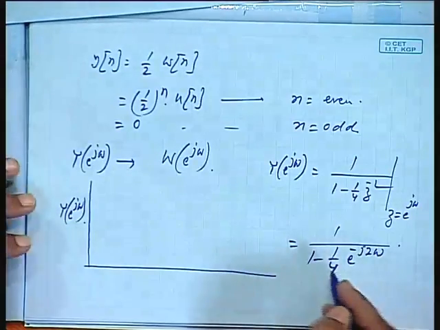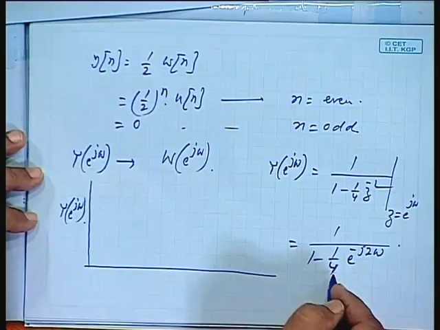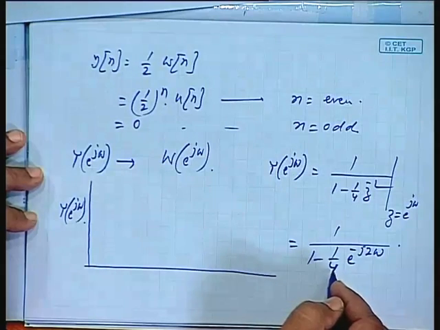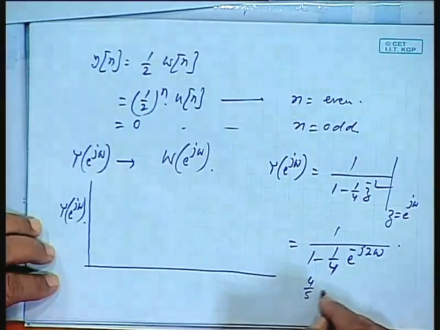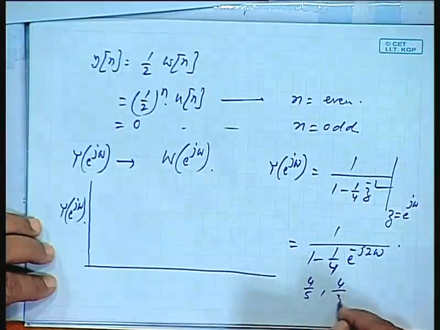Okay. What are the two extreme values of this? One is plus 1 by 4, the other one is minus 1 by 4. So, if I take plus 1 by 4, it will be 4 by 5. If I take minus 1 by 4, it will be 4 by 3.